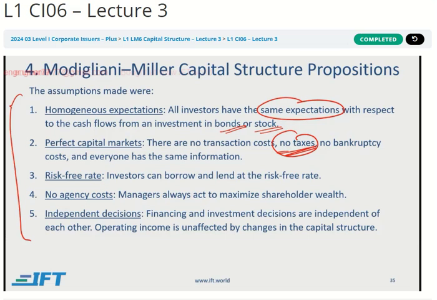Risk-free rate, anyone can borrow or lend at the risk-free rate. No agency costs, which means managers will always act in the best interest of their shareholders. All of these assumptions are not very practical. Independent decisions, that your capital investment decisions are independent of your capital structure, meaning that what you do with the money is different than where you're getting that money from.